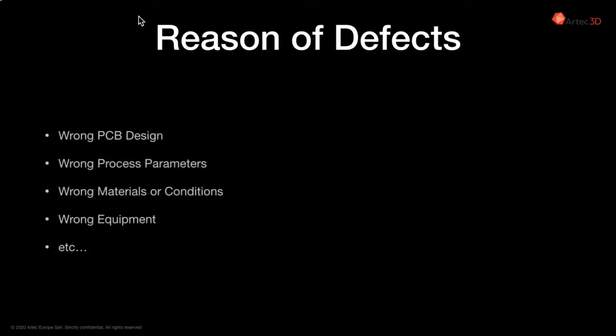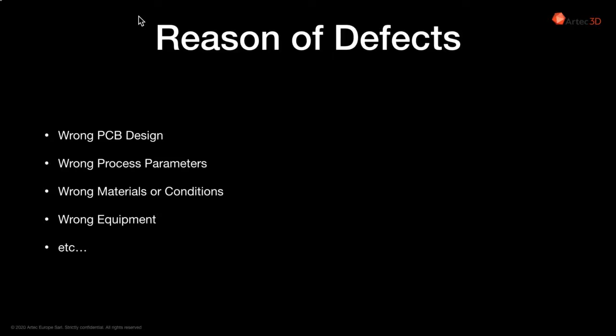The reason why we have such defects, why we should meet it. First of all, because of the wrong design. So it is not about the process, but about the design. If you have the manufacturer as AMS, you will never know that you do something wrong.